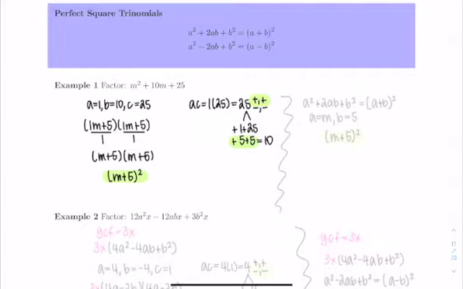So the first thing you have to notice is that the first and the last term are perfect squares.